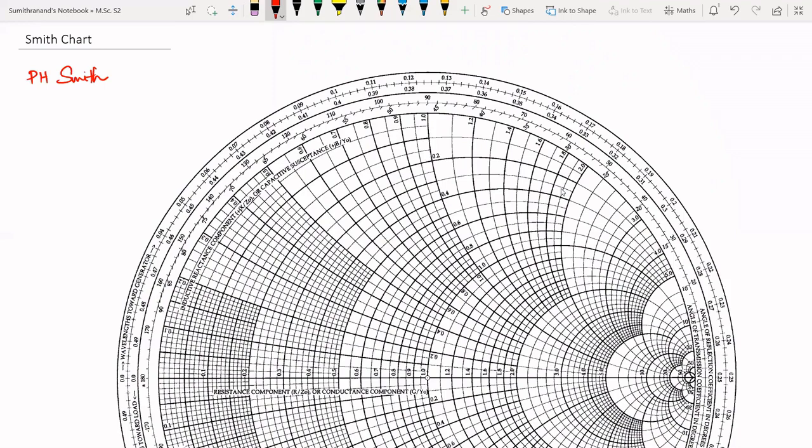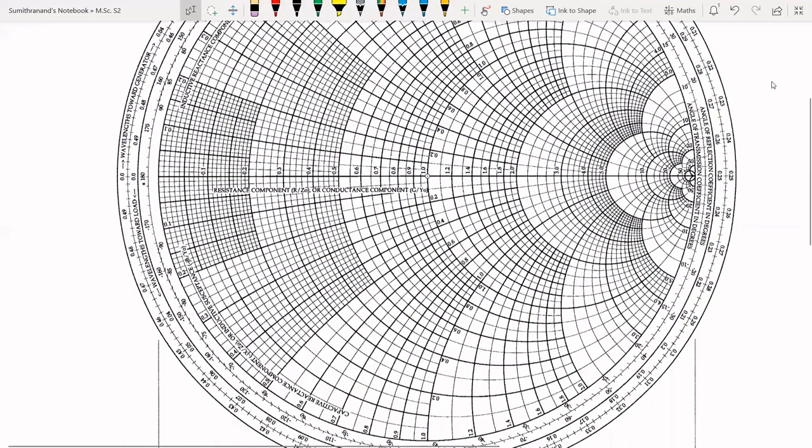So what does a Smith chart contain? First of all, let me show a horizontal axis here. Let me draw it. Here you can see a horizontal axis, and that horizontal axis is purely resistive in nature.